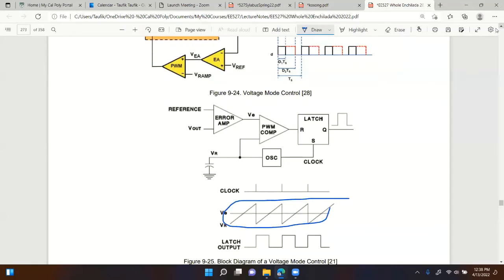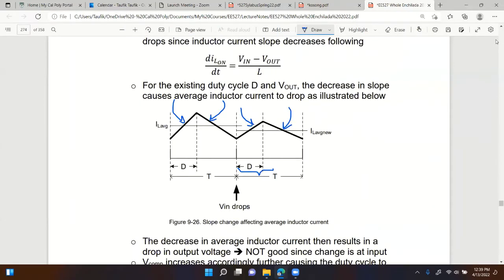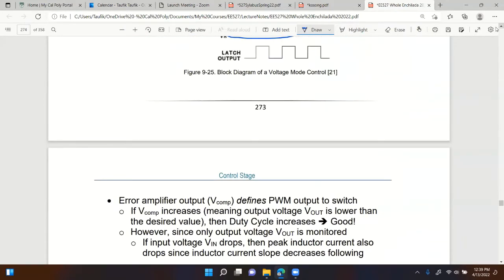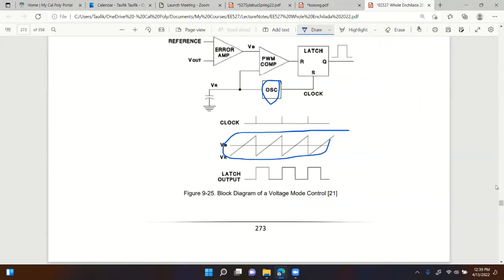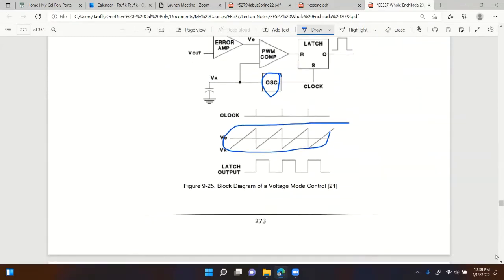We make that ramp internally in the controller through the oscillator. Here, instead of making our own ramp inside the controller, we use the inductor current ramp as the control voltage. So that's one of the differences.